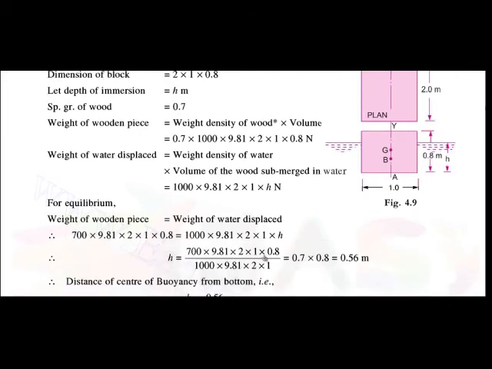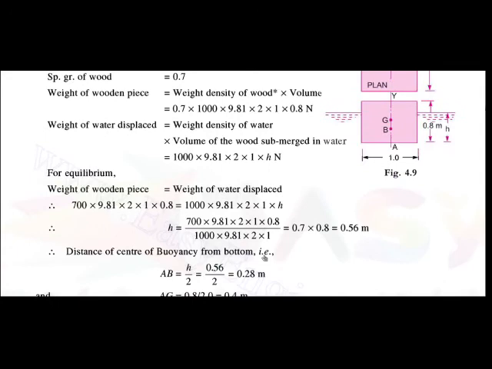Okay, next, for the equilibrium, weight of this wooden piece is equal to what? Weight of the water displaced. When this body is immersed in a liquid, the weight of the water displaced is equal to the weight of this wooden piece.